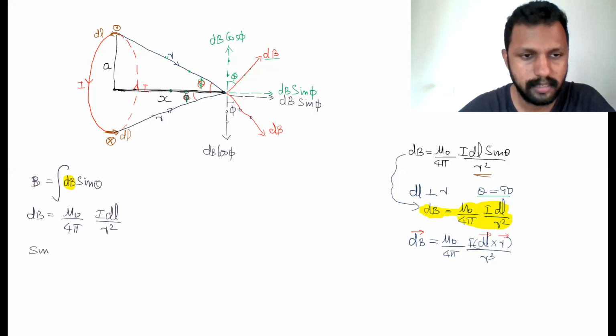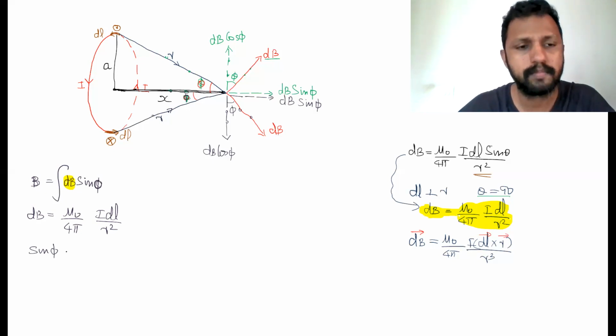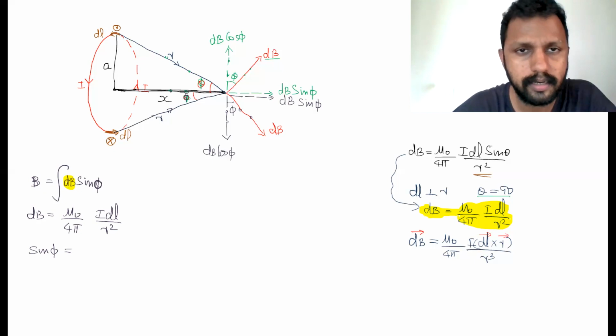It's not sine theta, it's actually sine phi. If we obtain the value of sine phi, we could substitute the value of DB and sine phi and we'll get the answer. Therefore, in order to obtain the value of sine phi, you concentrate on this right angle triangle.